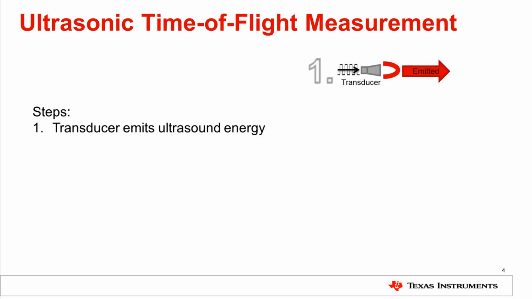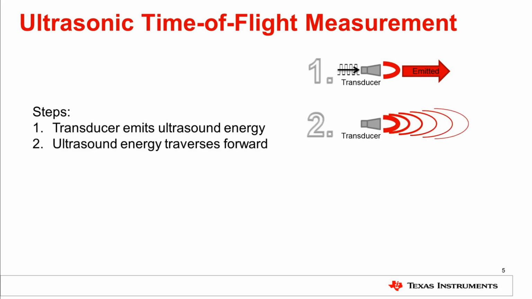An ultrasonic TOF measurement usually consists of the following steps. First, an ultrasonic sensor converts an electrical signal to a mechanical vibration. This mechanical vibration emits a pulse of ultrasound energy to traverse through a transmission medium, such as air or water. Second, the ultrasound energy traverses through the transmission medium at the speed of sound until it reaches an object.